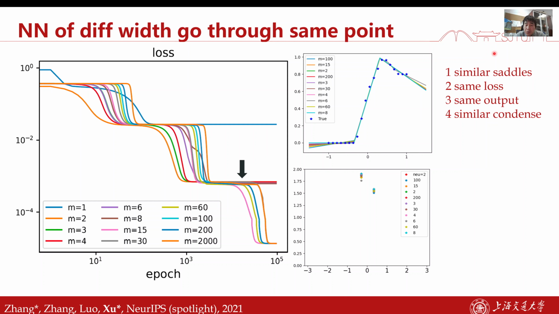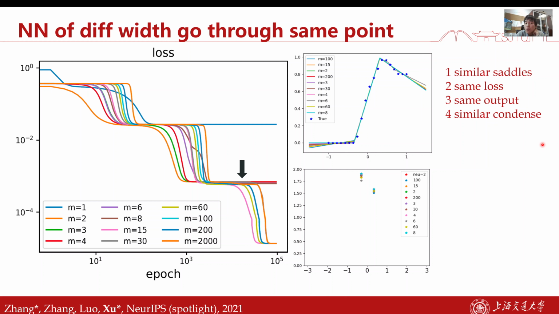So neural networks of different widths have similar saddles, similar loss, similar output, and similar condensation. That is what we observe from these experiments of loss functions during the training.